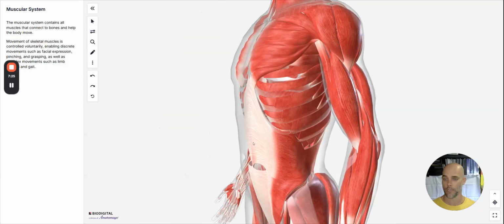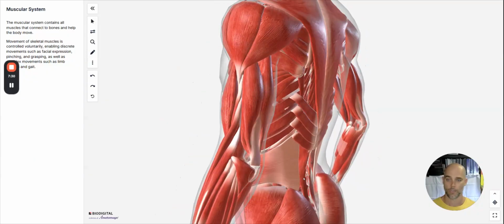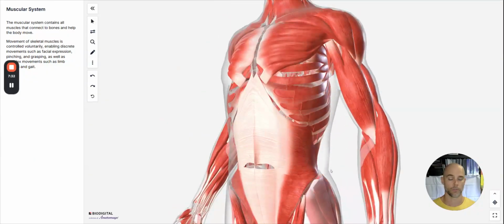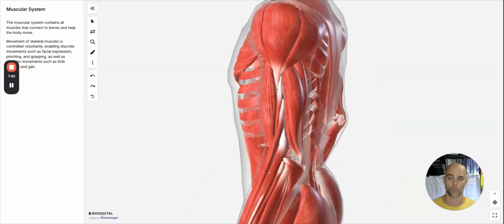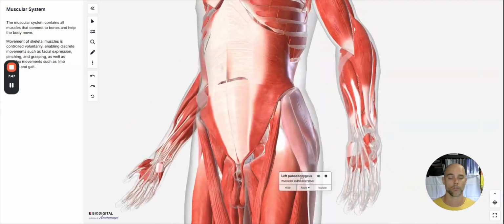Pain not only upregulates the system, it also makes us breathe shallow and through the chest. So the inner unit requires deep breathing through the diaphragm, activation of the transverse abdominis and the multifidus, and then engaging the pelvic floor. If we can do that all together, you get spinal stability.